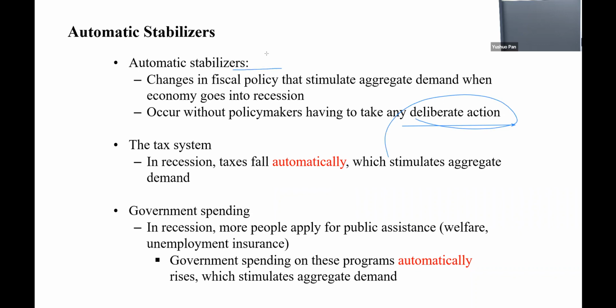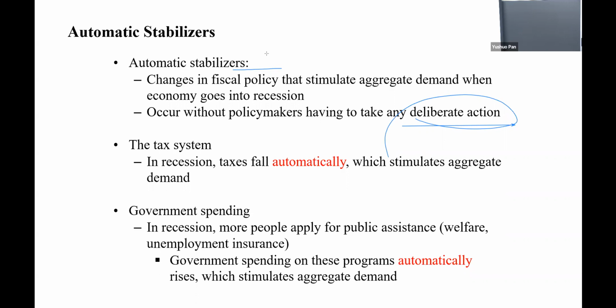That's the automatic stabilizers, such as the tax system. When recession happens, the taxes fall automatically, which stimulates aggregate demand. It will not need Congress approval or anything. Another is government spending. During recession, more people are going to apply for public assistance like welfare and unemployment insurance.